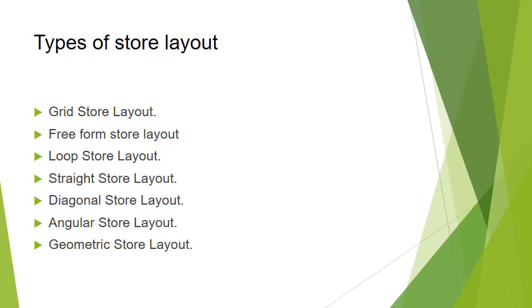Next one is angular store layout. This store layout uses angled walls and corners, round merchandise displays, and other curved fixtures to manage the customer's flow. Luxury stores commonly use angular store layout. Then the last one is geometric store layout.